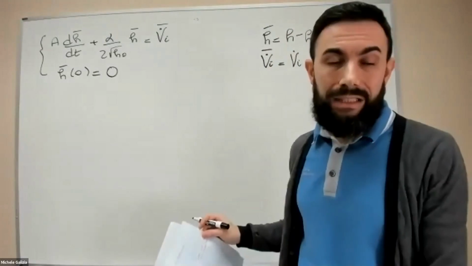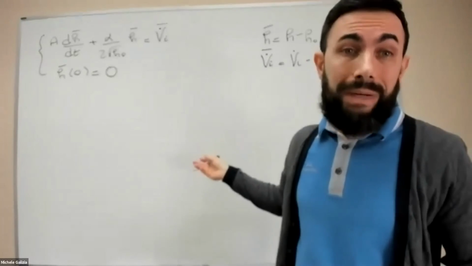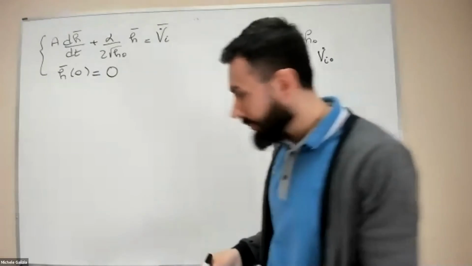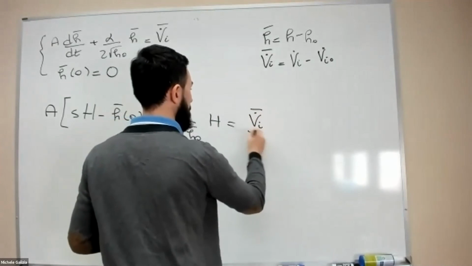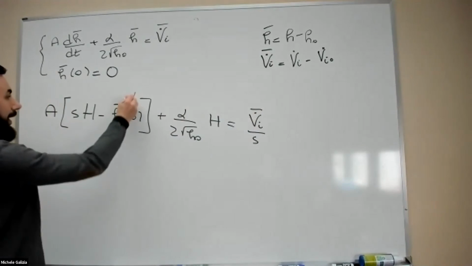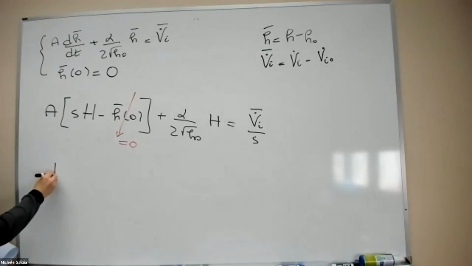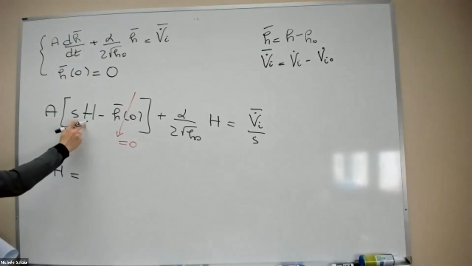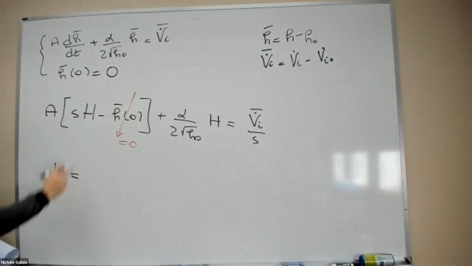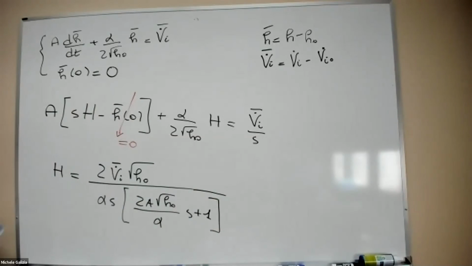This is perfectly equivalent to the previous situation, but written in the deviated variable form. Let's now solve with Laplace. Make sense? Obviously, this term is equal to 0, and we have to solve for H capitalized in the Laplace domain. And this is what we get.